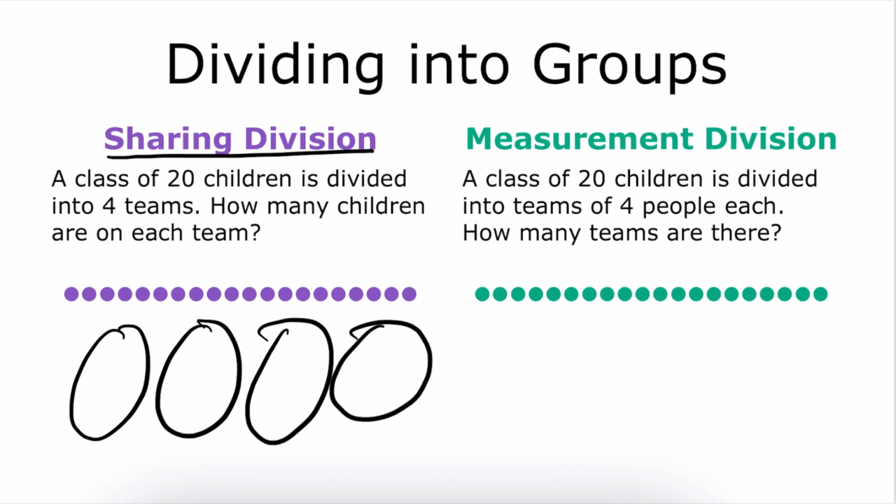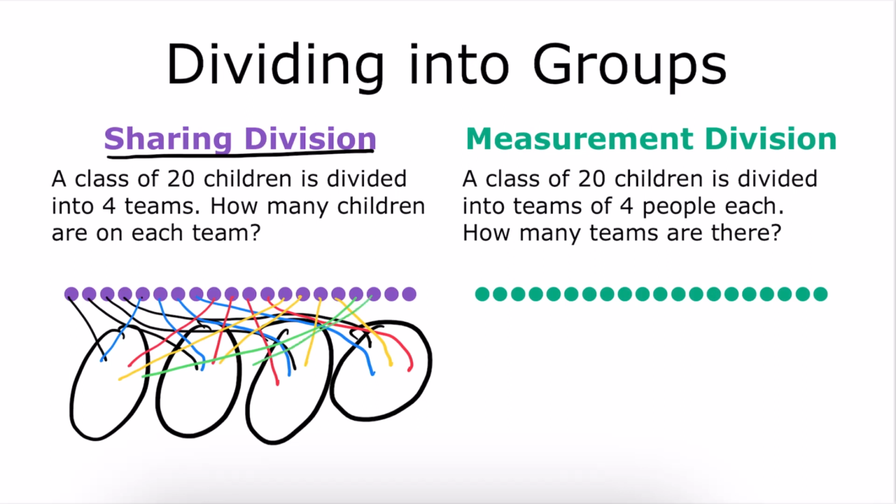Then I could say, okay, this child's going to go on this team, this one's going to go here, and I'll color code these, and so on, until all 20 children have been placed on a team.